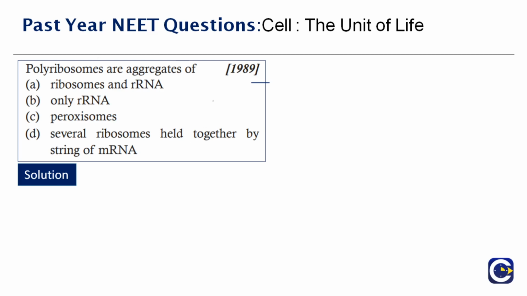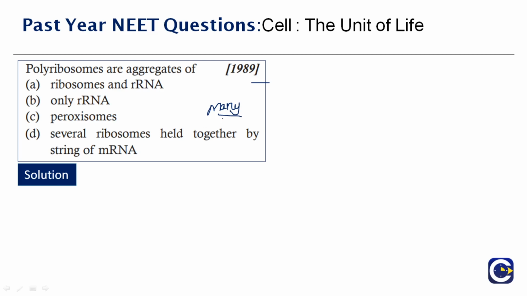Poly means many. We already saw another example in the earlier parts where we talked about the polytene chromosome, with several thousand strands of chromosome on a single DNA. Likewise, polyribosomes are many. Here 4 to 8 ribosomes will be present, or you can say several ribosomes held together by a single string of mRNA.